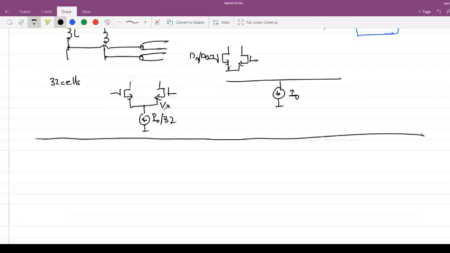So the other one which I just talked about is a channel which is differentially terminated with a resistance 2 RT.